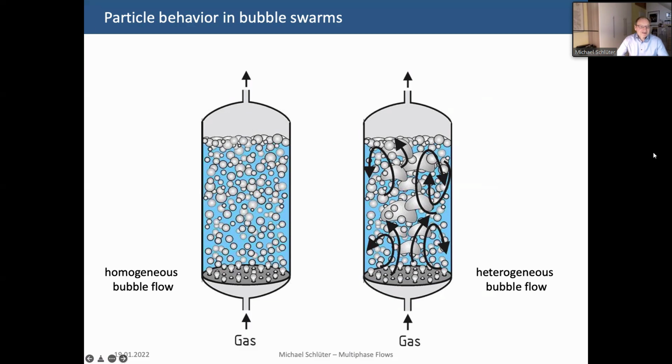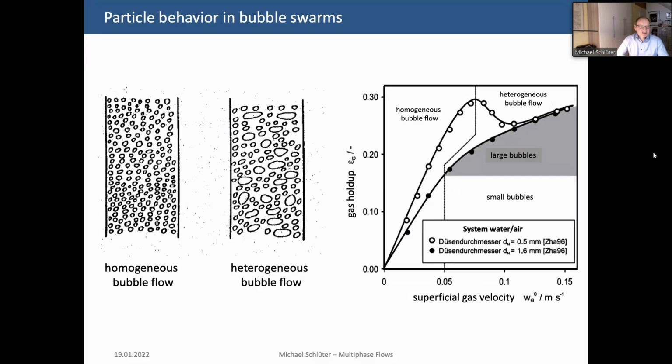This is something that needs to be predicted usually, and we already saw this diagram where you can see the transition from homogeneous to heterogeneous regime with the gas hold up, because here the gas is rising slowly and homogeneously, so the gas hold up can get quite high, as you can see here.